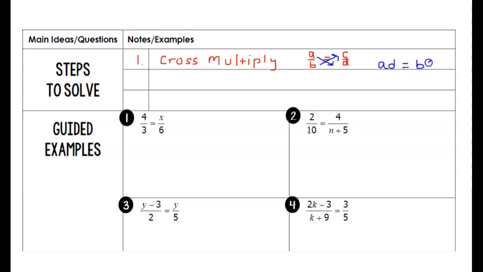And that helps us because once we do the cross multiplication, this looks just like an equation, right? It looks like everything that we have been doing. There is no confusion. It's all the same. So our second step after we cross multiply would be what we typically do. Remember, distribute if necessary, combine like terms, and solve, okay?